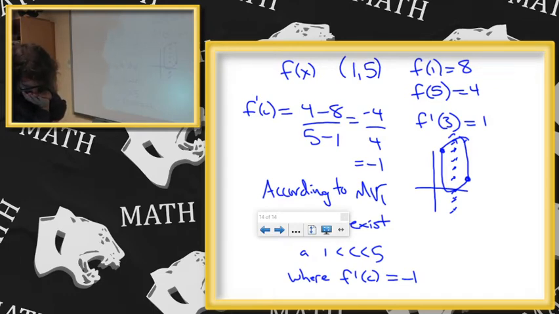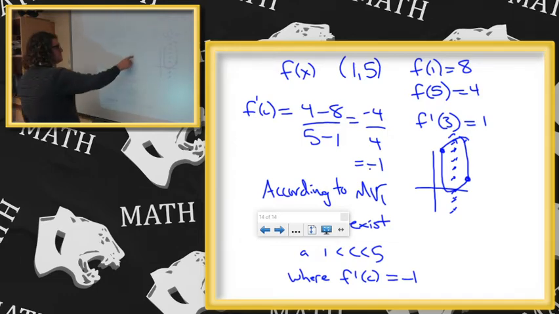The answer is yes. So we have shown that the derivative is -1, guaranteed at some spot, and it's +1 at another spot.